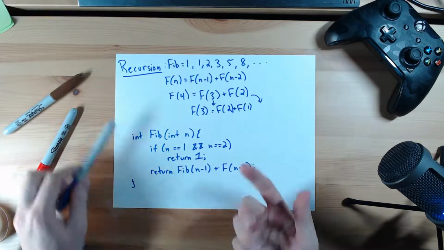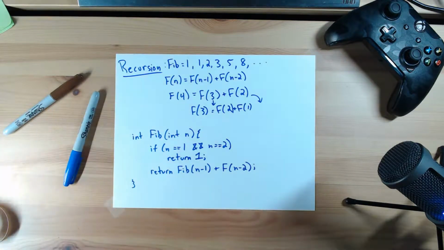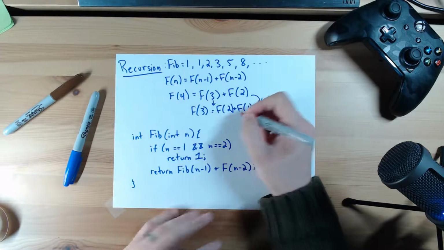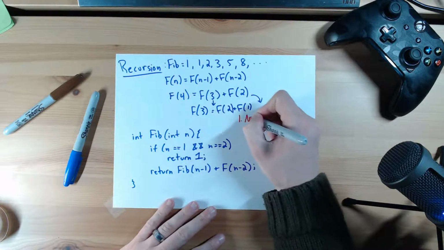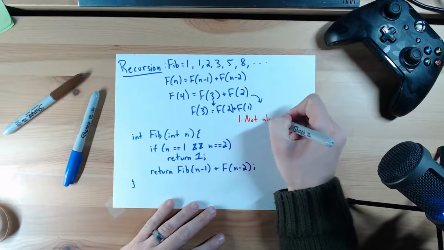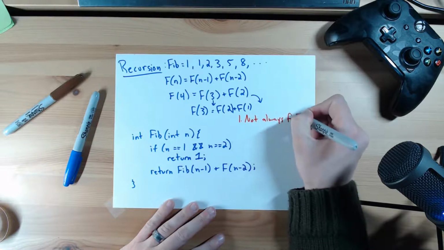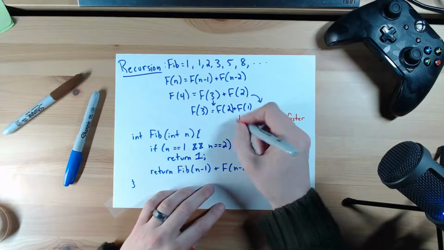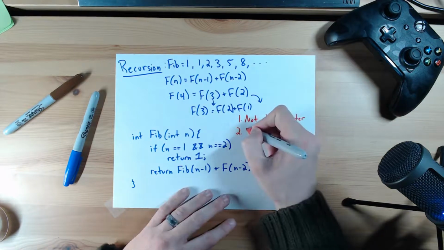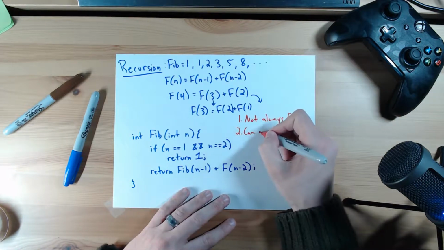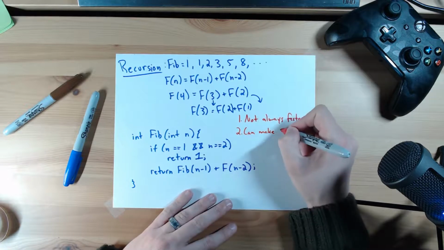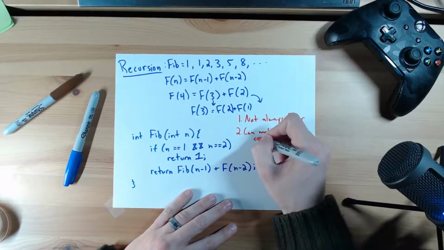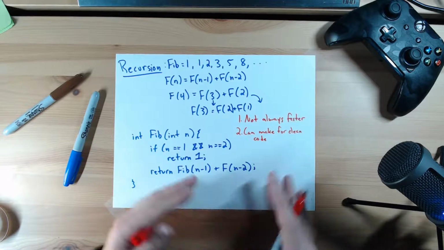So why do we use recursive functions? We use them for a couple different reasons. There are a few things to know. They're not always faster, but sometimes they are. And they can make for cleaner code.